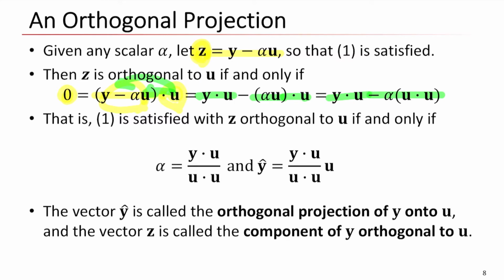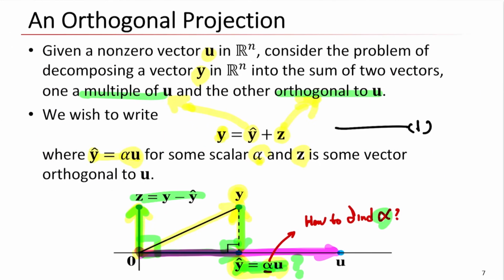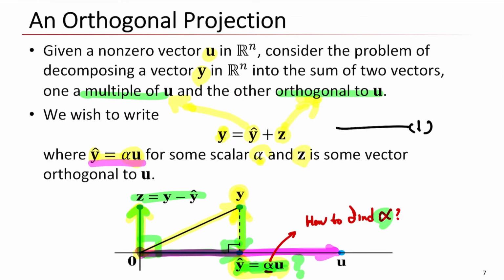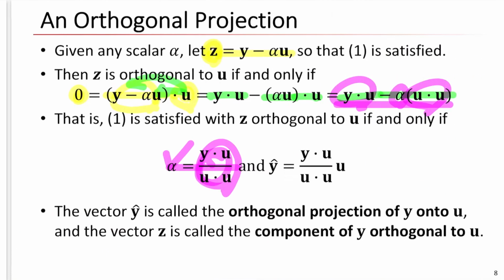Then equation 1 is satisfied with z orthogonal to u if alpha is something like this. From here, we can represent alpha, and then we can represent y hat with the alpha, something like this.